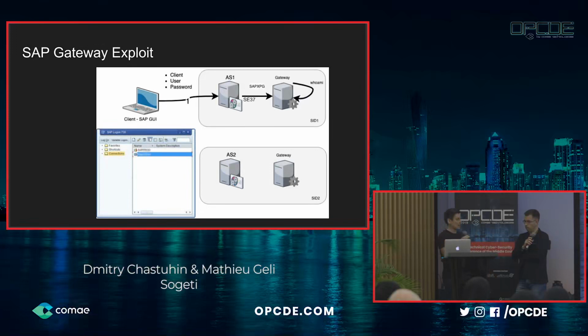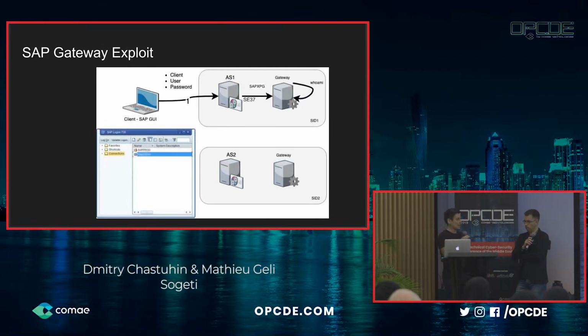Also, he could ask the application server to execute the same command whoami on the other SAP system, on another gateway that does not have any link to the first one. And this command also will be executed. That means that there is no authentication between application server 1 of SAP1 and gateway from SAP2.